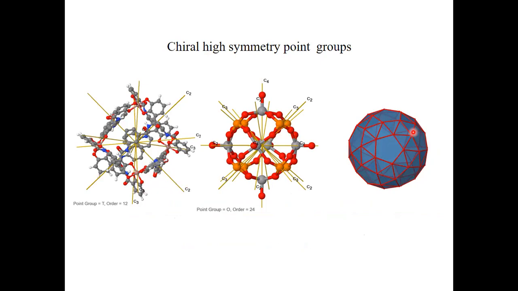So there are no mirror planes, there is no inversion center, and there are no improper rotational reflections. And that means that despite these molecules being pretty highly symmetric, they're still chiral.